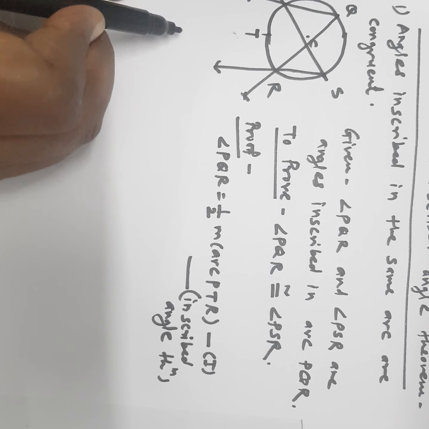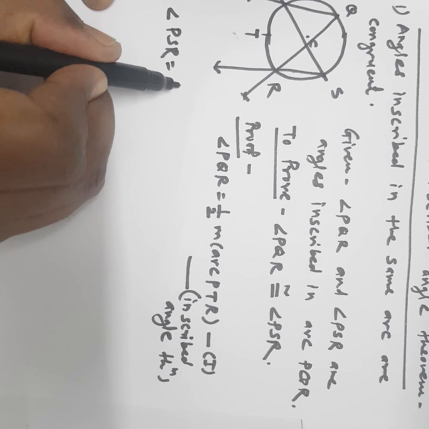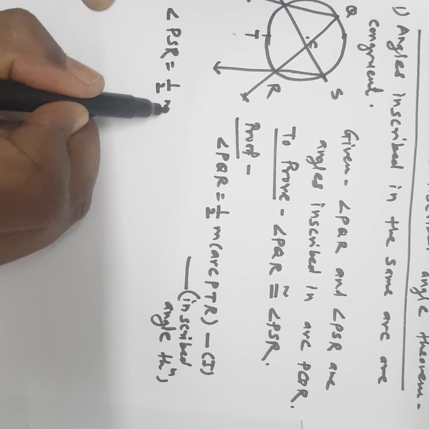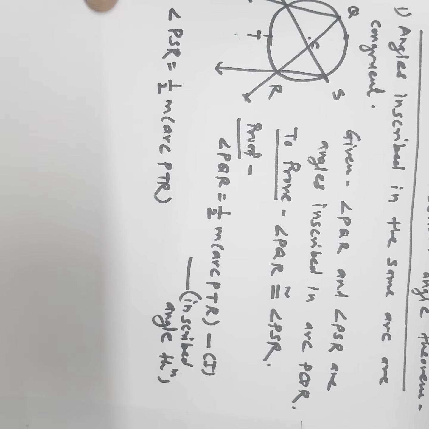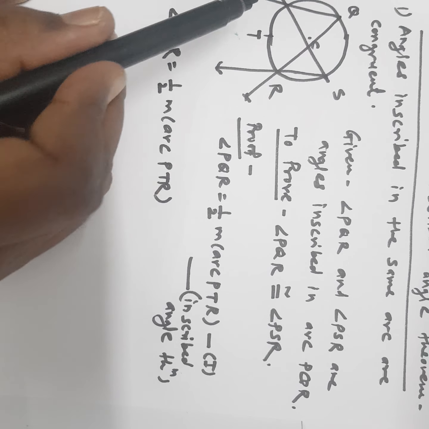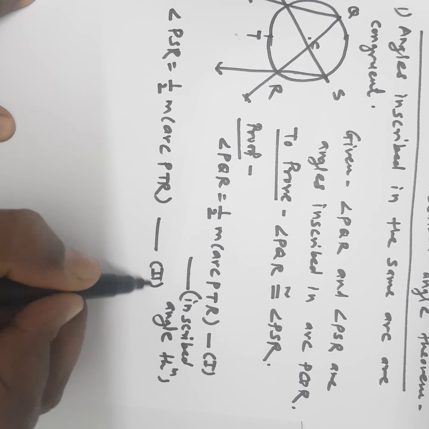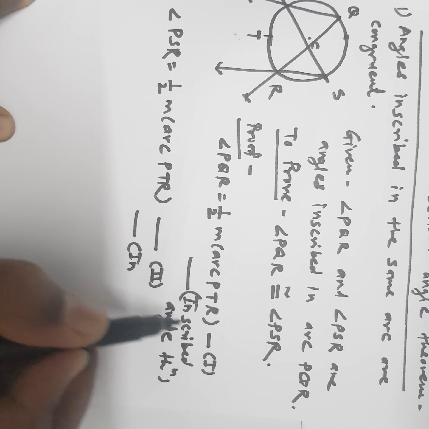Then the second angle is angle PSR. Its measure will also be 1/2 of the measure of arc PTR, because it is also an inscribed angle on the same arc, and the same arc PTR is intercepted by it. We give the second number to this equation, again inscribed angle theorem.